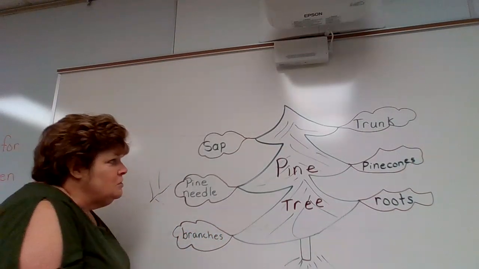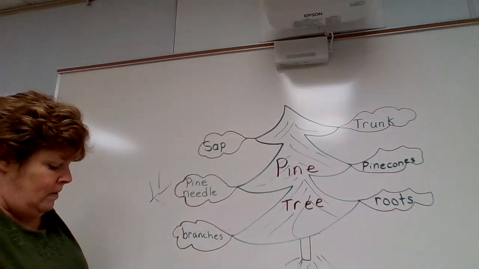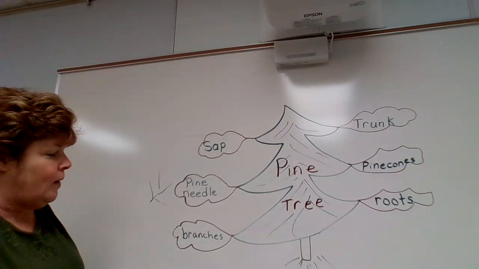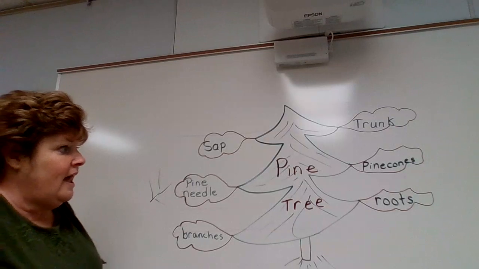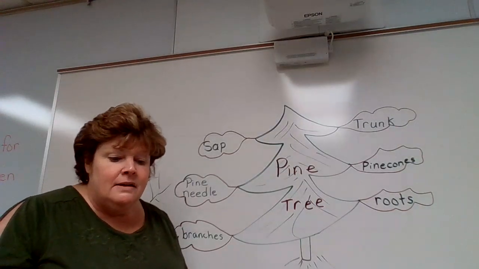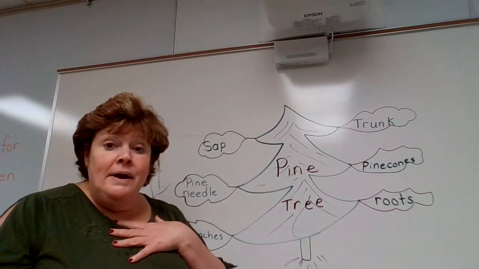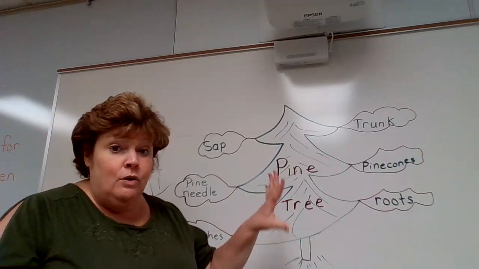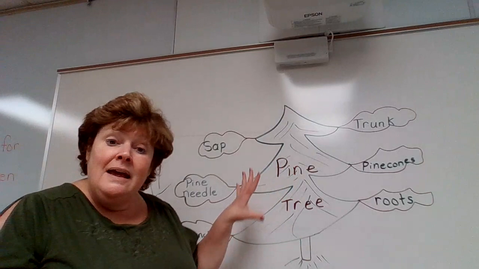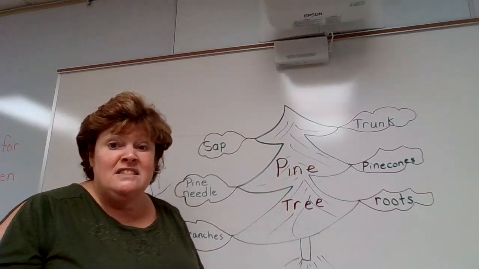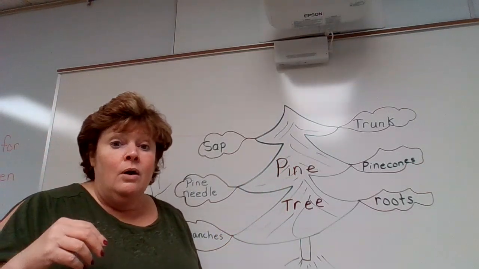All right. So this is a web, a word web, or a picture web, I like to call it, that helps us think of the things that describe a tree. Now, my brain works much better remembering things in a picture like this instead of just learning, oh, pine tree.